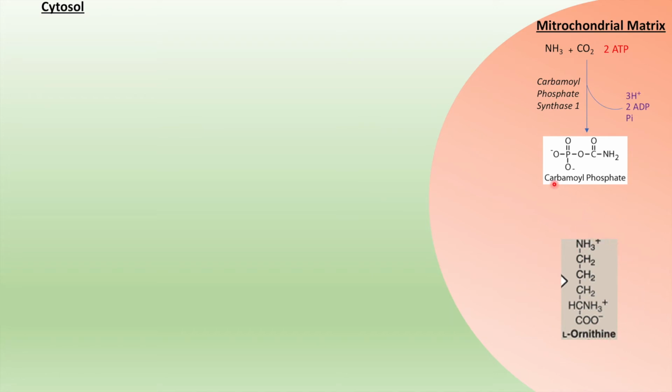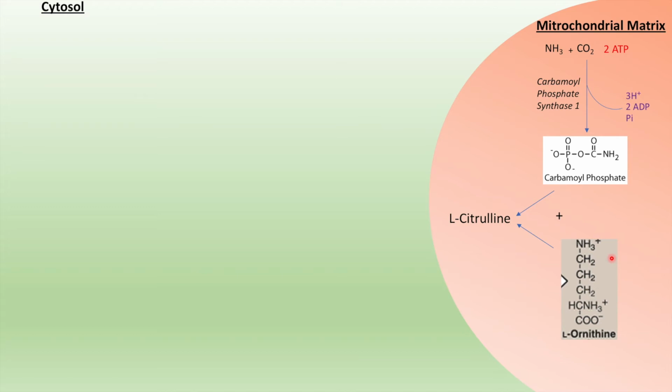Now, carbamyl phosphate and ornithine react with each other so they can form a product. So what do they form? Citrulline. Again, almost every reaction needs an enzyme.